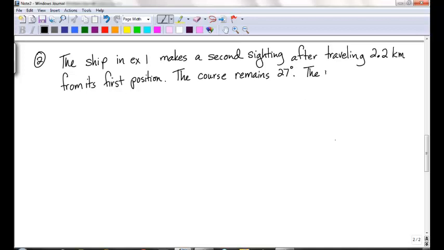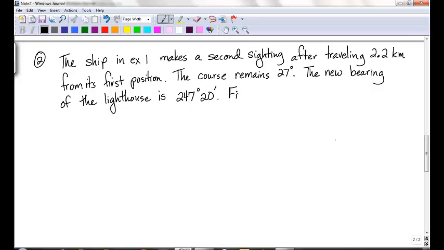The new bearing of the lighthouse is 247 degrees 20 minutes.